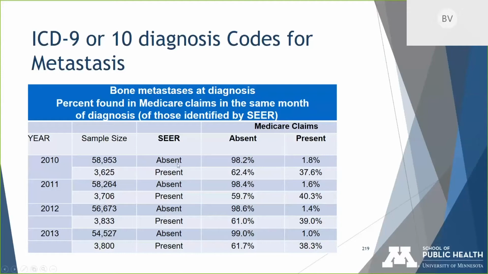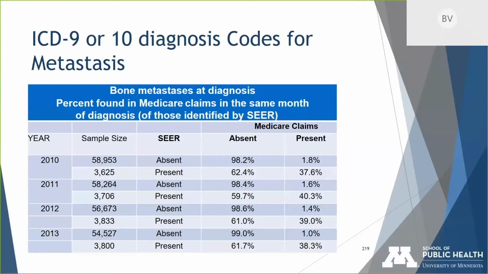On the other hand, if they say that they are not metastatic in SEER, it is often that the Medicare claims confirm that. You do see this 1 to 2% of people who, according to SEER, do not have metastases, but the Medicare claims don't agree.